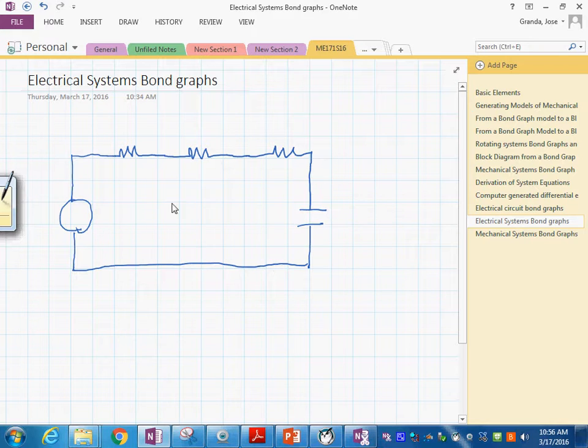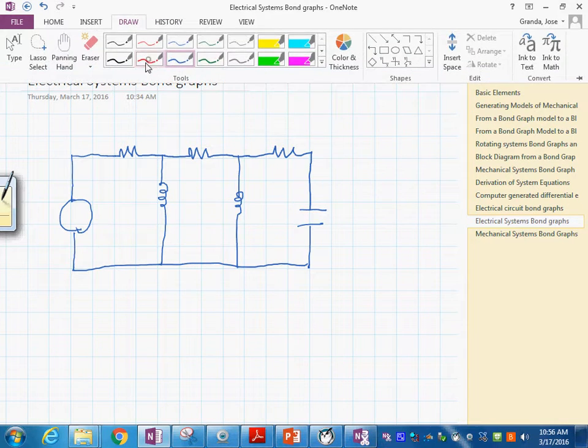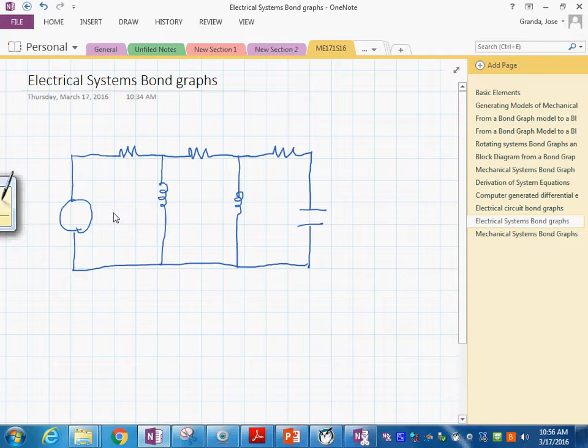In here we go and put the 1 in here, we put the other one over here, and this is I sub 1, I sub 2, and I sub 3 in here, and this is the voltage source, which would be a source of effort with value V. This I think we're gonna say R sub 1, R sub 2, and this is R sub 3, and then you have this would be C. So in here we go and put this as R in here with value R sub 1.